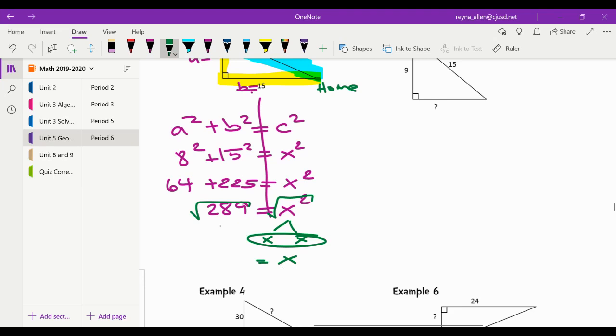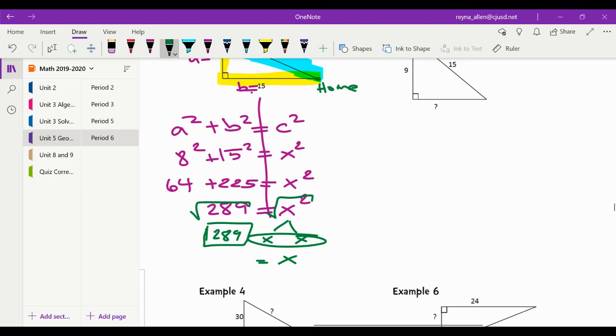Now this one saying I have a box of 289. What is my side length? Okay, so I'm going to go to my calculator. And let's see, we know 10 times 10 is 100. Let's try 13 times 13.